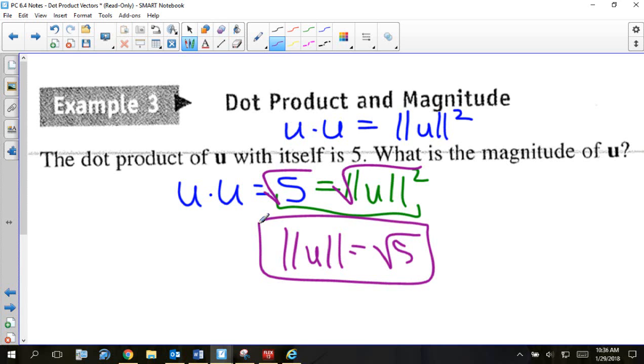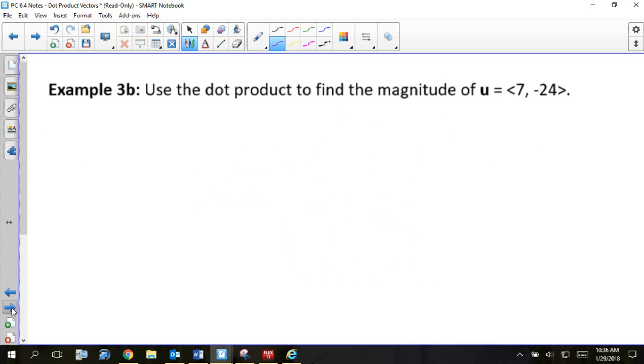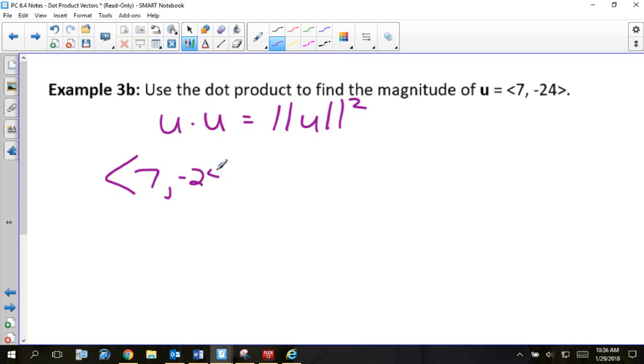Okay, the next question says use the dot product to find the magnitude of u, and they give us u is 7, -24. So we'll use u times u equals the magnitude of u squared. This is asking me to use the dot product, so I'm going to take 7, -24 and multiply it by 7, -24.